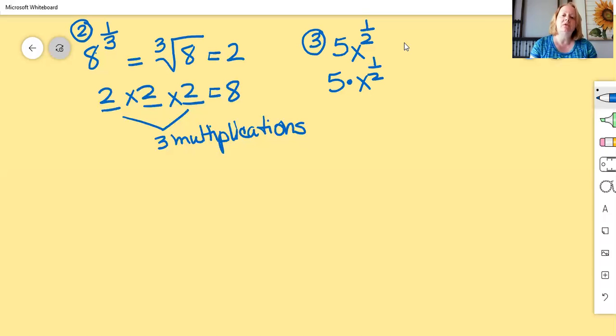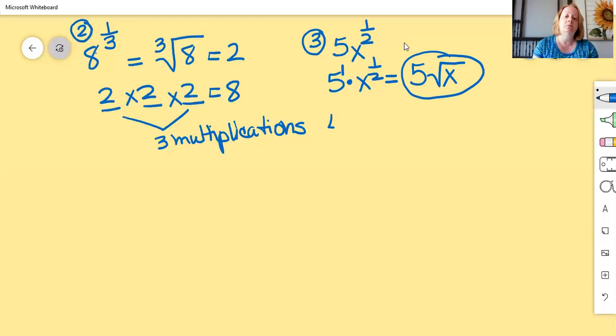So the 1/2 is only being applied to the x term. This is really an implied 1, so it's only to the x term and not the 5, because the 5 has its own exponent of 1. So let's go ahead and change that into radical form. So it's going to be 5, you're going to have your root here, and then it's going to be x. That's the answer to that one.